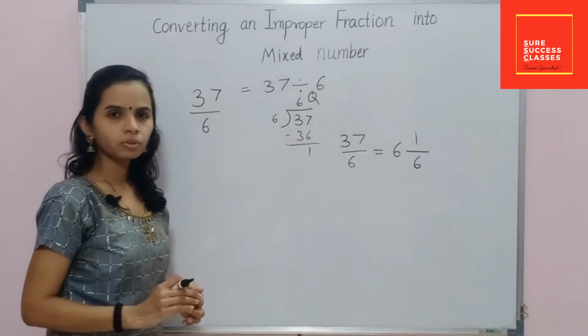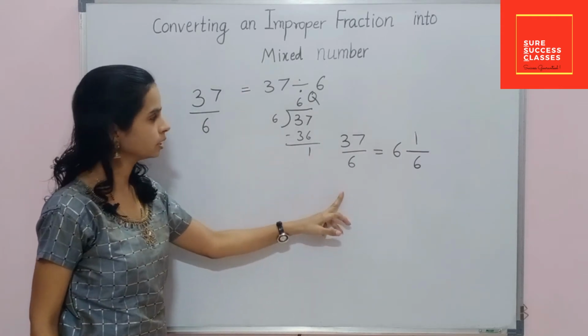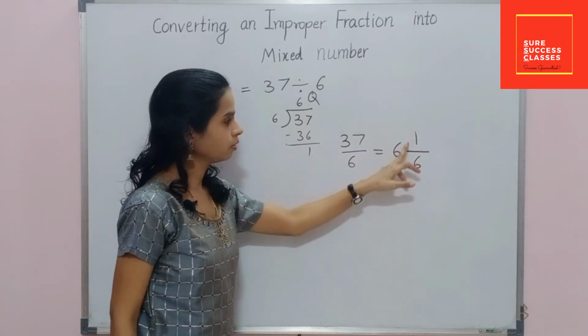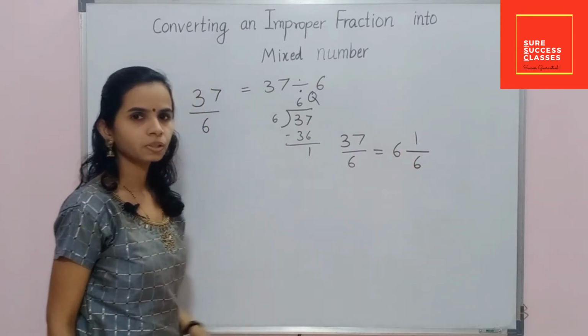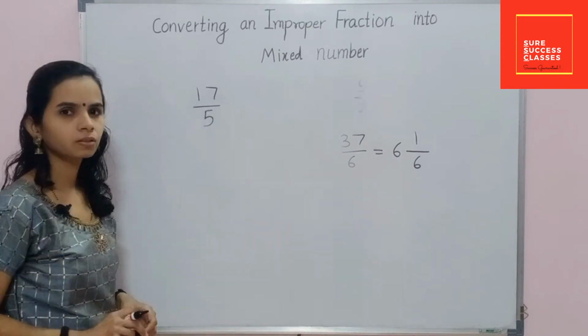Means when we convert this improper fraction 37 divided by 6, it is equal to 6 whole part 6 and 1 by 6. This is the mixed number for this improper fraction.